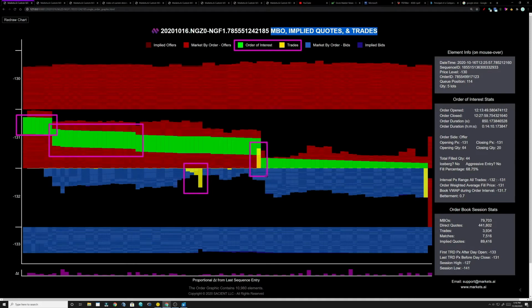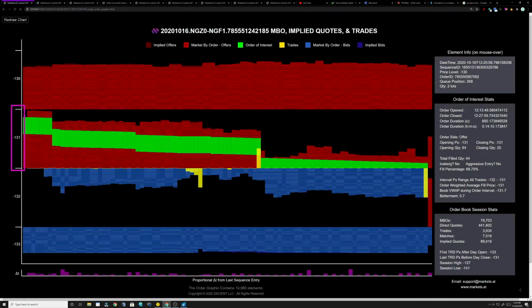Of particular interest on the trade side is that the color yellow has some transparency to it. So when the trades are overlaid upon all of the MBO data, you can see in this case, this quantity here overlaps our order of interest, and that was matched to the resting available liquidity.